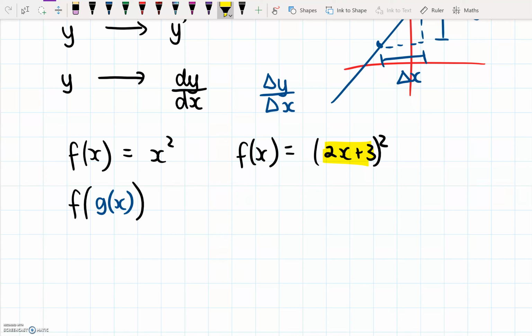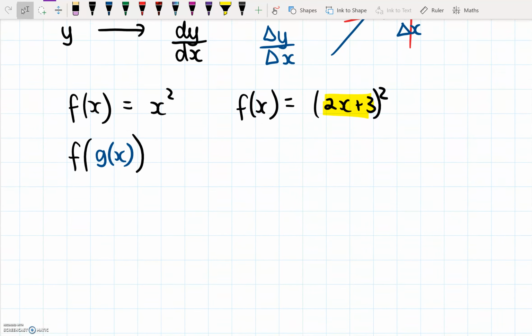Now with the chain rule, it's quite straightforward, but what I'm going to do is go through how to apply it in a longer way so that when we start using it with more complicated rules, you're able to do this. When we start using this in combination with the product rule and the quotient rule, it can get a bit more complicated. Also, when we start doing this with trigonometric functions later.